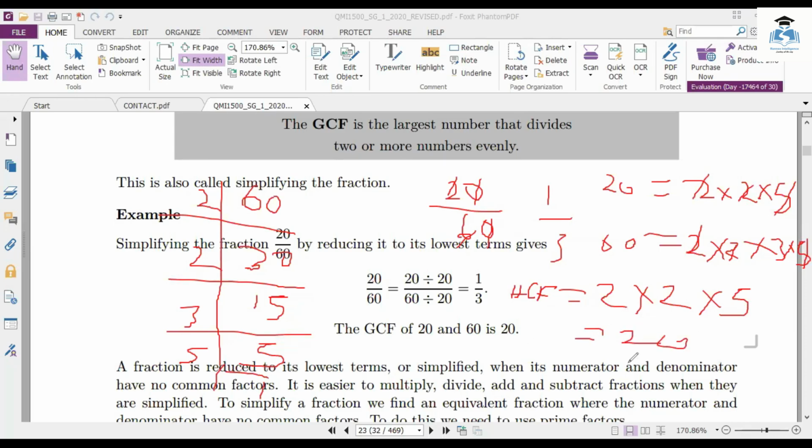Our highest common factor is 20. So now you just come here and say 20 over 60. 20 into 20, 1, 20 into 60, 3. So you get your answer here.